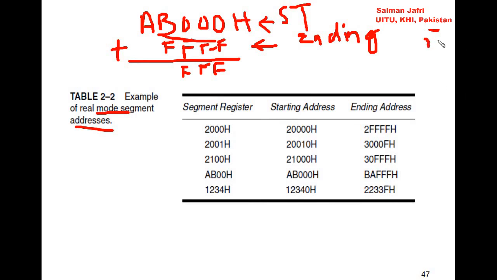So 15 plus 11 comes out to be 26. We will divide this by 16.